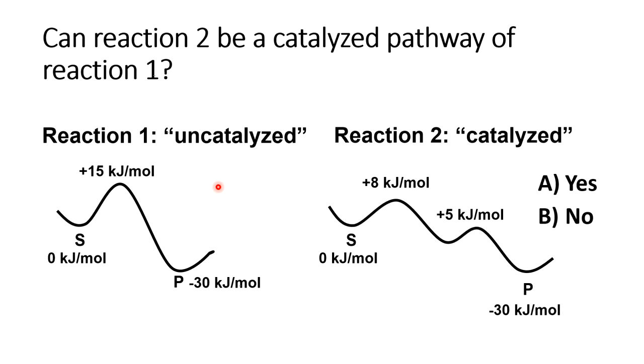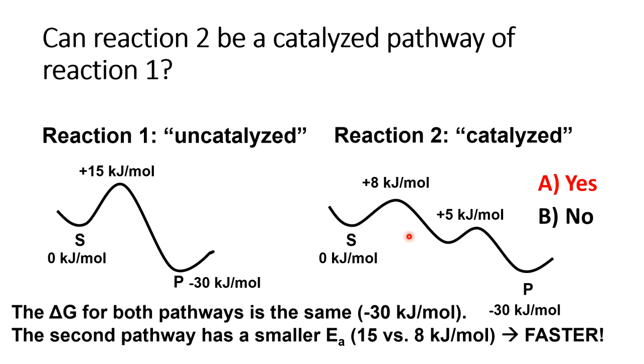This is going to dictate the rate of the reaction, and this is called the rate determining step. The rate determining step for this catalyzed reaction is 8 kilojoules per mole, which is a smaller activation energy than the uncatalyzed reaction, and therefore you would expect the catalyzed reaction to go faster.